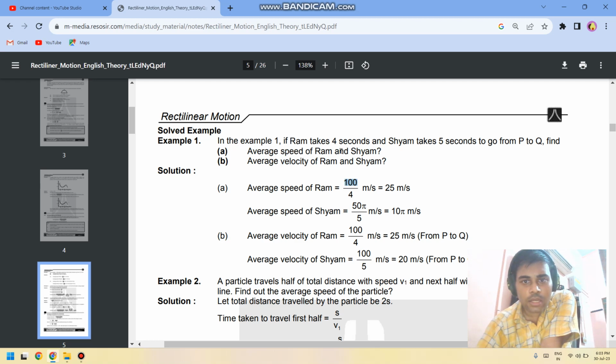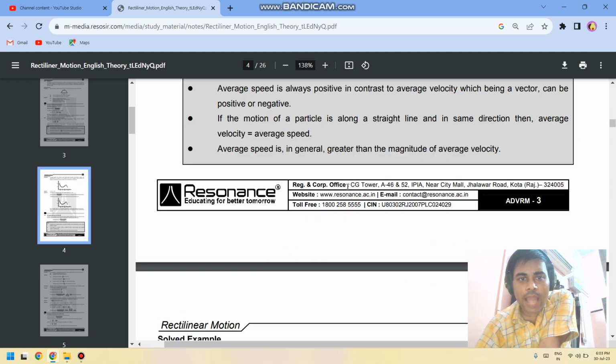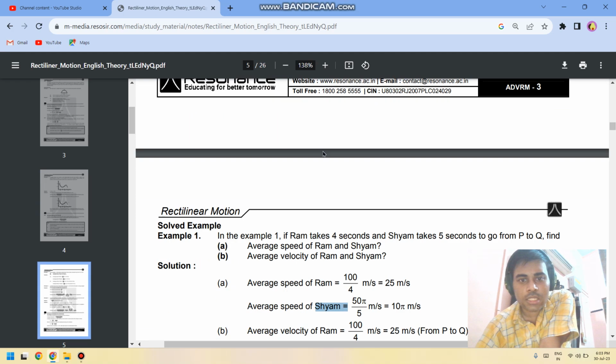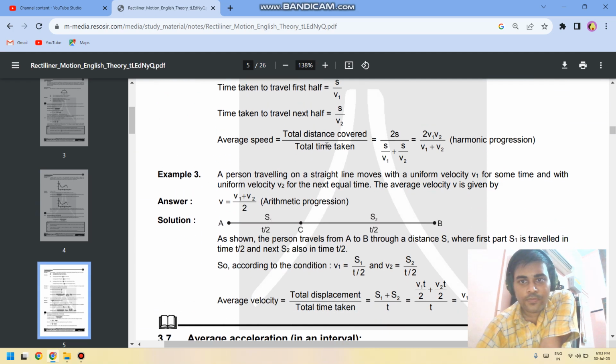In example 1 it is assumed that the distance is 100, so the average speed of Ram will be 100 by 4, and the average speed of Syam will be the distance divided by 5. Something is wrong. Oh, this is for Ram, this is for Syam. Since I didn't read this question properly, let's leave this question too.